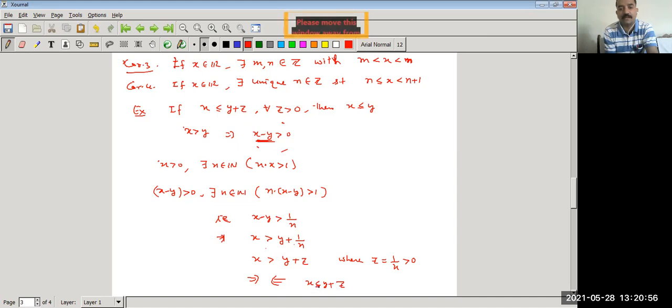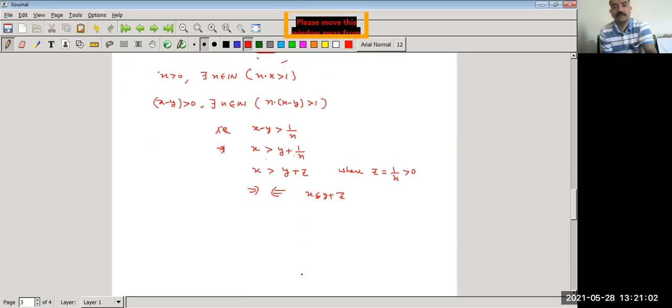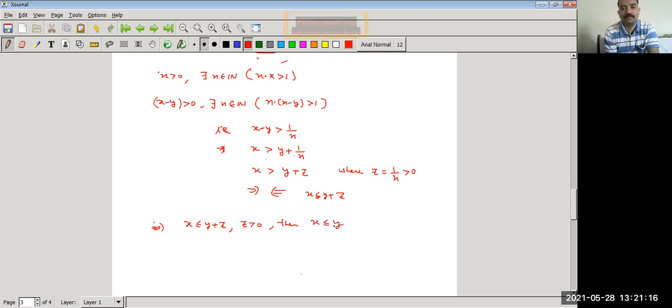So we cannot take x greater than y. So x must be less than or equal to y. So this implies that if x is less than or equal to y plus z with z greater than 0, then x must be less than or equal to y.